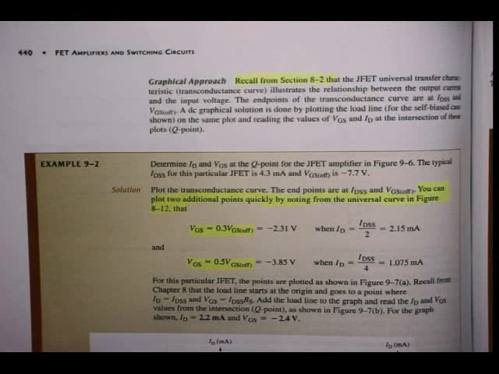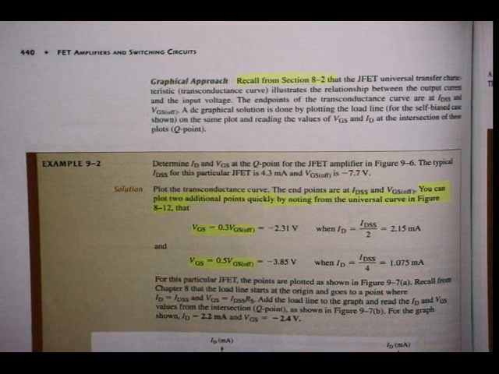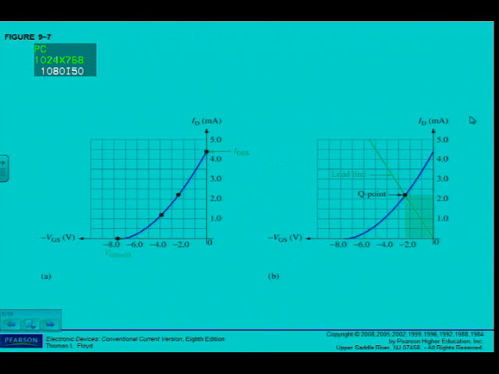Recall from section 8.2 that the JFET universal transfer characteristic curve illustrates the relationship between the output current and the input voltage. The endpoints of the transconductance curves are at IDSS and VGS off, and a DC graphical solution is done by plotting the load line for the self-bias case as shown.